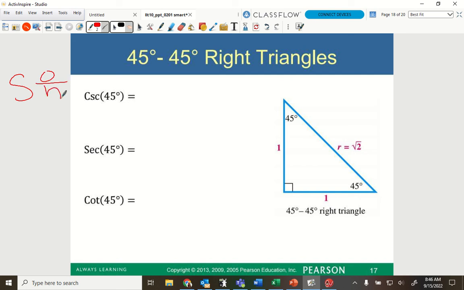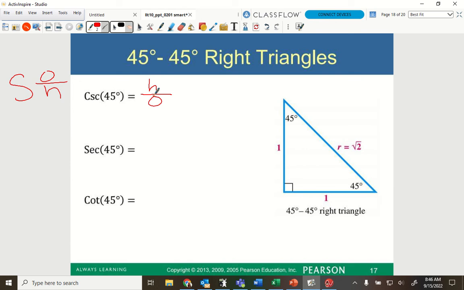And cosecant is the reciprocal of that. So I would flip that over. So cosecant is the hypotenuse over the opposite.